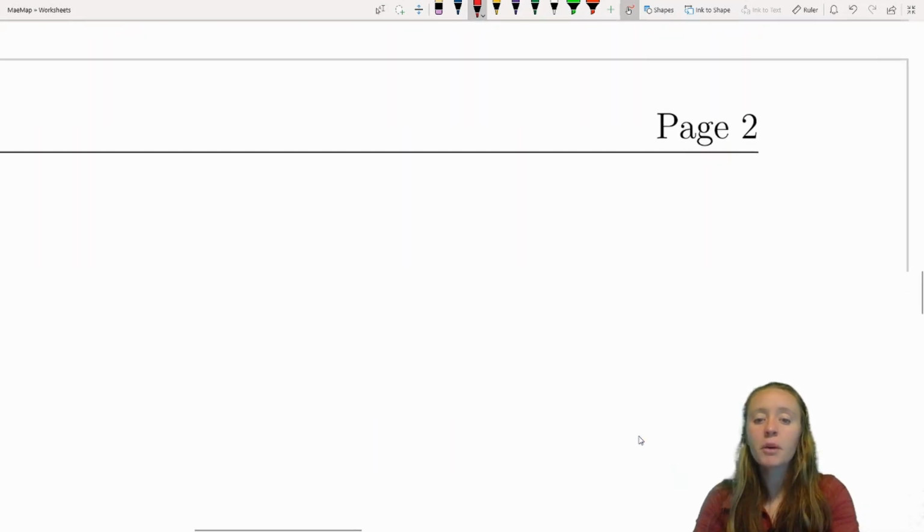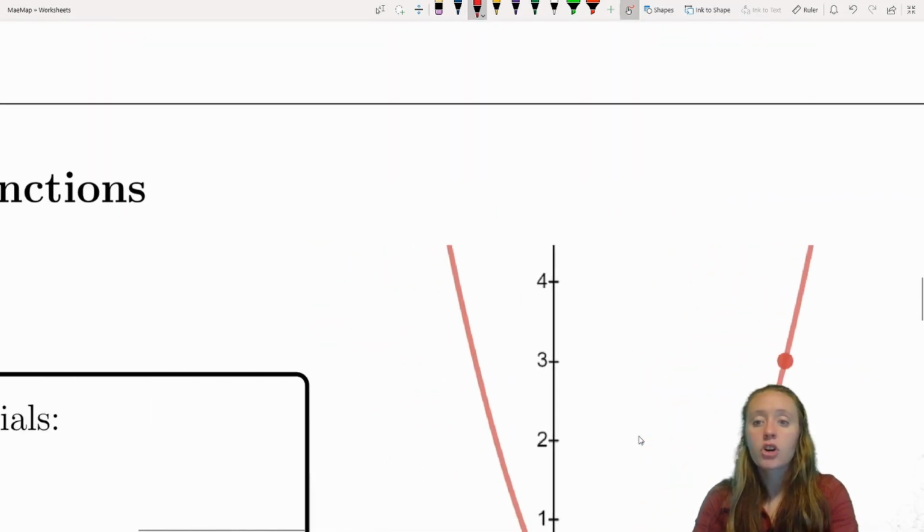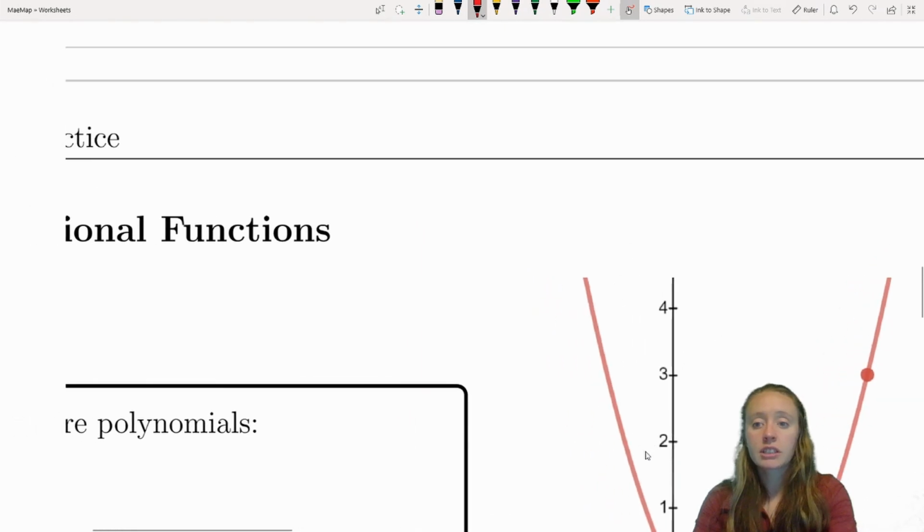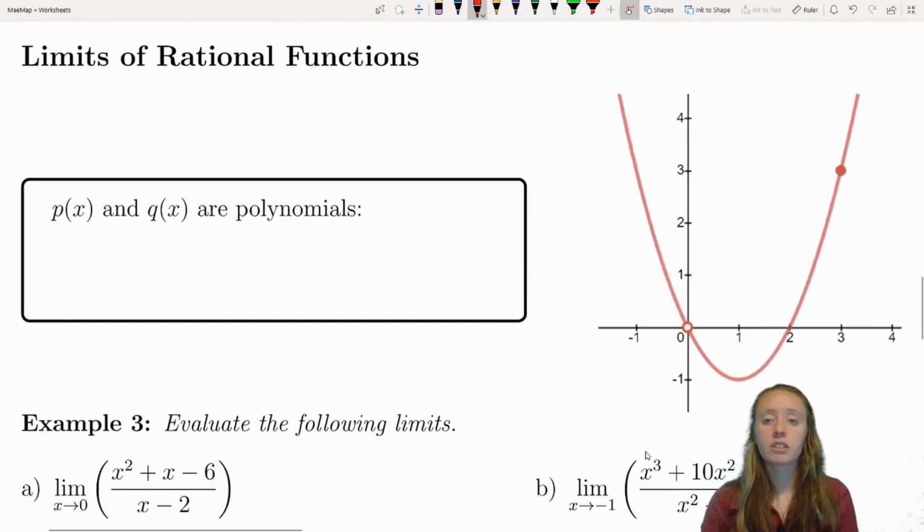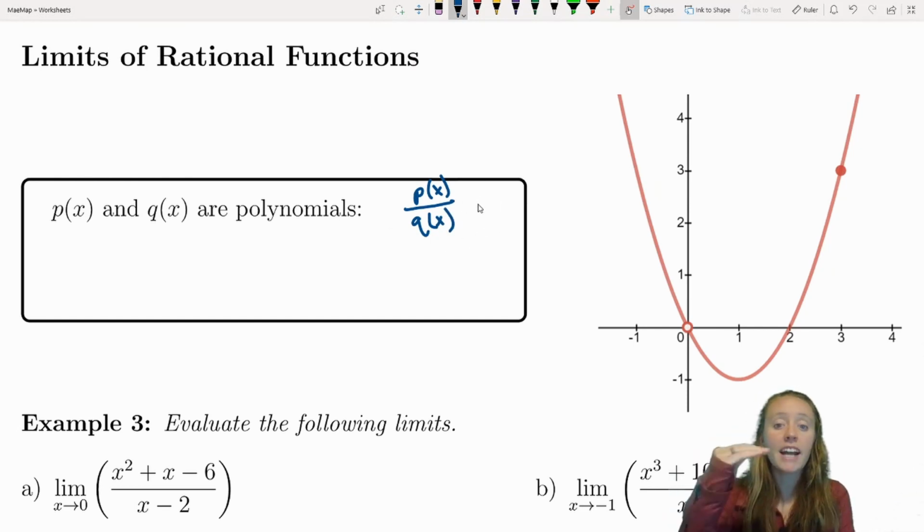Now let's talk about working with limits of rational functions. Because if we think about a rational function, if p of x and q of x are polynomials, a rational function is in the form of some polynomial p of x over q of x. That's a rational function. I have one function of x and I'm dividing it by another function of x.